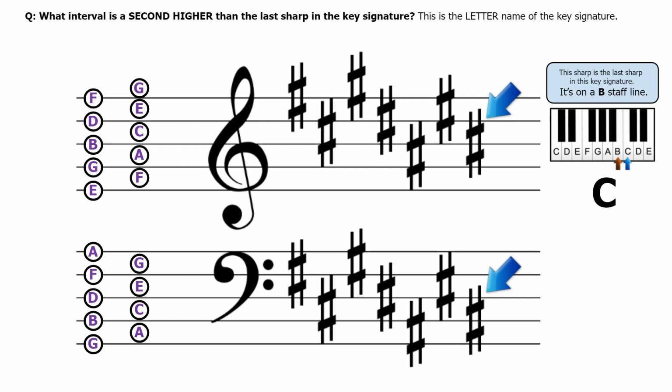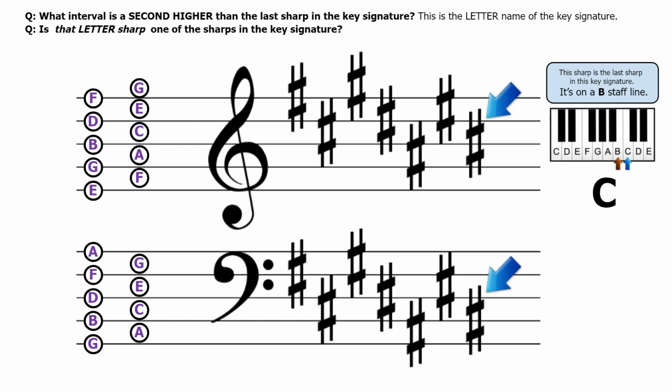Now, since we're working with sharps in this key signature, some sharp key signature names also include the word sharp in their name, and sometimes they don't. So before we can stop, let's ask ourselves the last question to see if the name of this key signature also includes the word sharp or not.